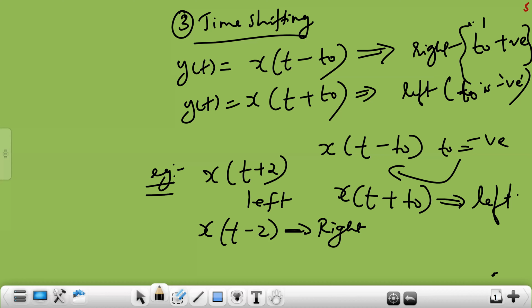So take down this graph. You have a given signal x of t with you as shown here.